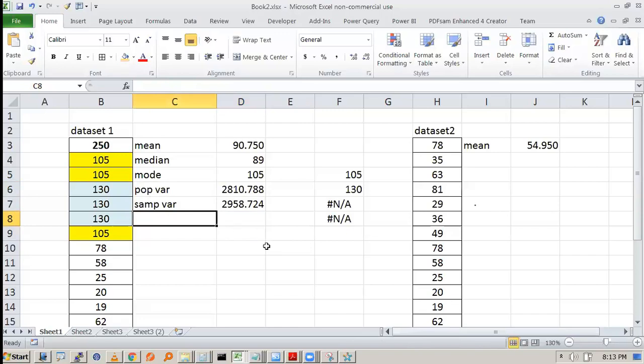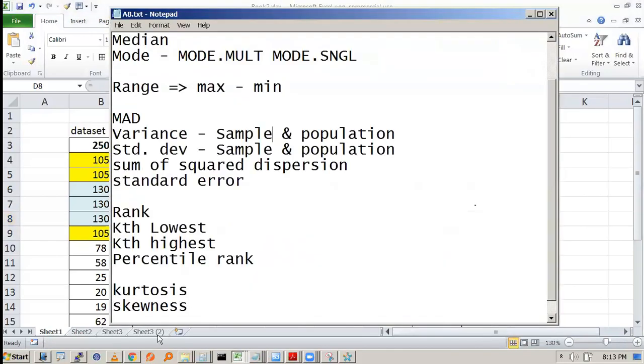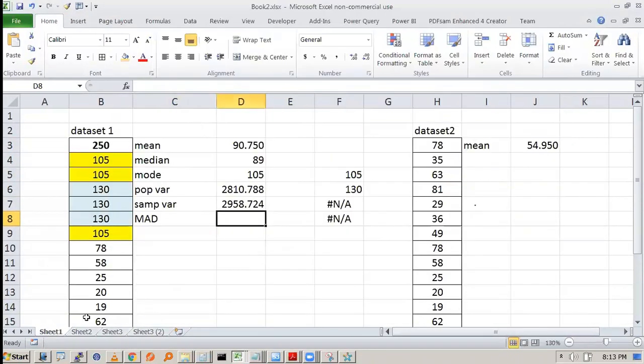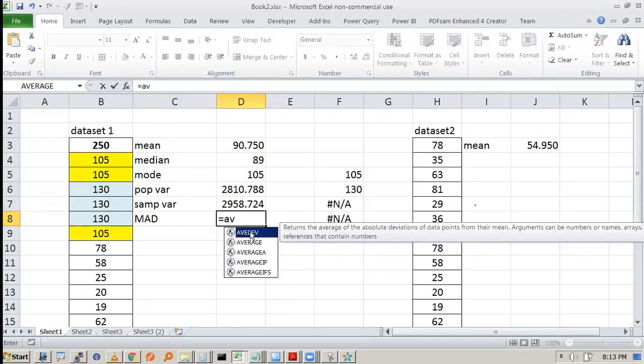How do you compute the mean absolute deviation? We have computed the mean absolute deviation using absolute values like this, but Excel has a very short and sweet function: AVEDEV. AVEDEV returns the average of absolute deviations of data points from their mean.